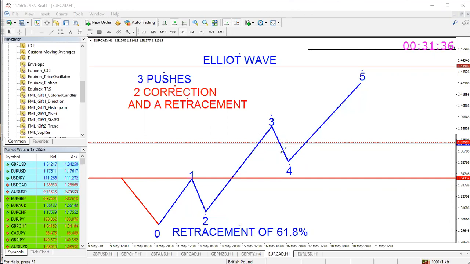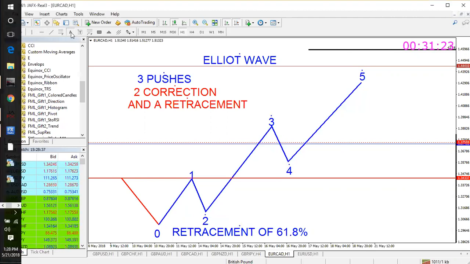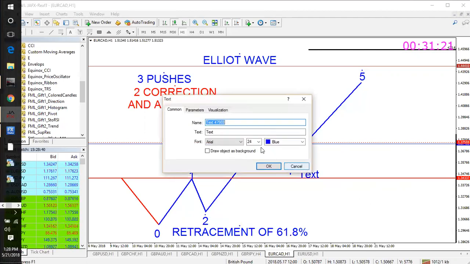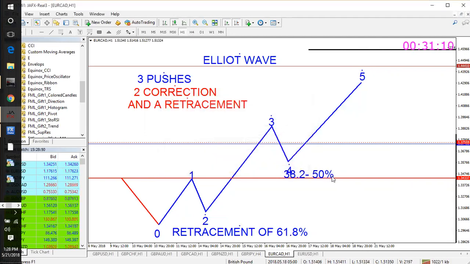So from 3 to 4, the retracement has to be 38.2 to 50%. I'm giving you this number so you know where you are currently in the market. That's the fib level for that point.